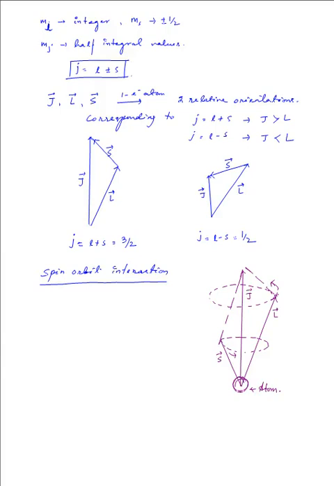In this figure, as you see, the orbital angular momentum and the spin angular momentum precess about the total angular momentum. In the absence of an external field, they apply torque on one another, and as a result they precess about the fixed total angular momentum.